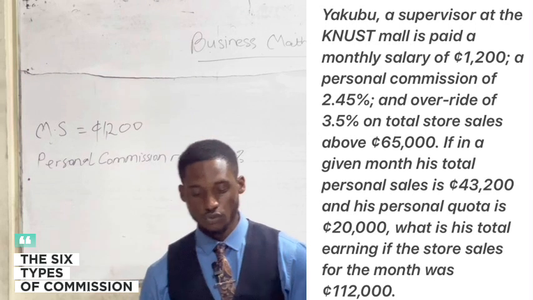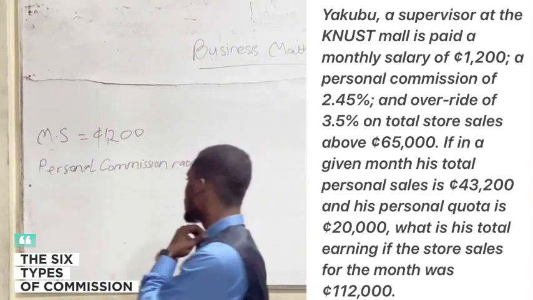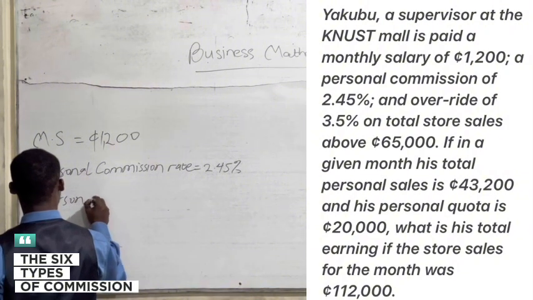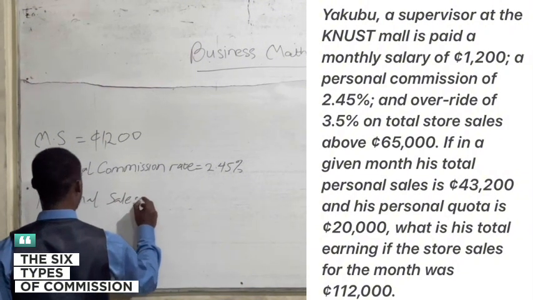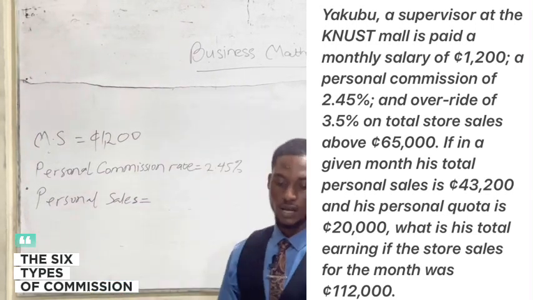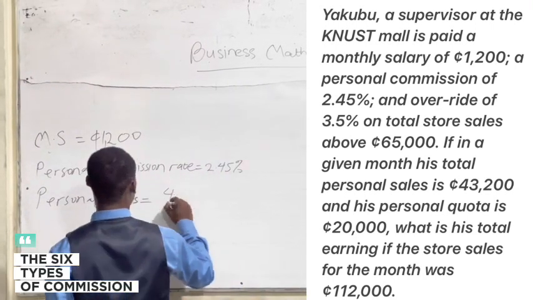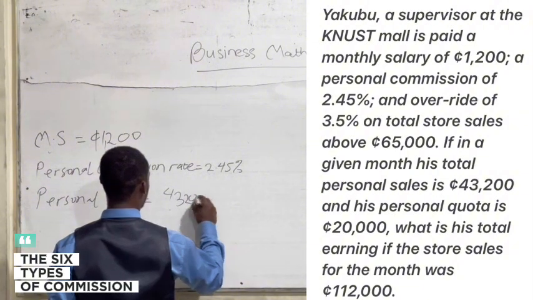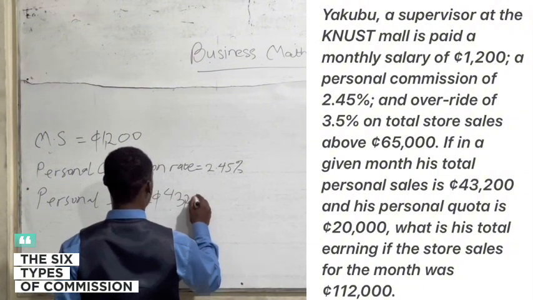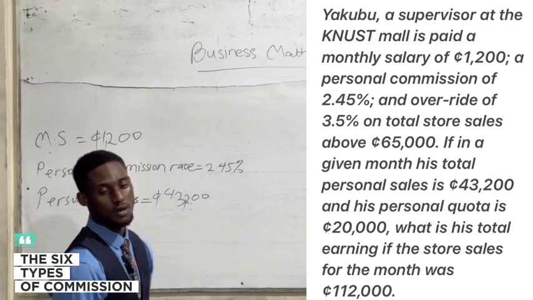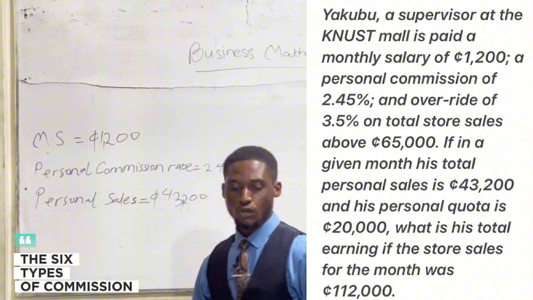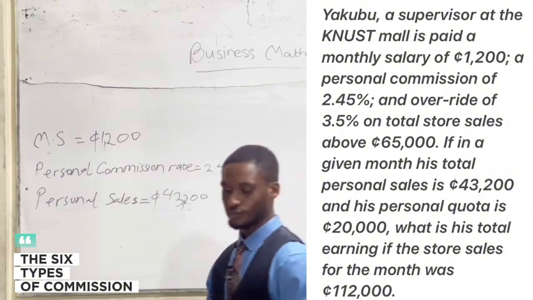112,000? So we have the personal sales to be 43,200 cedis, and we have the personal quota to be 20,000.